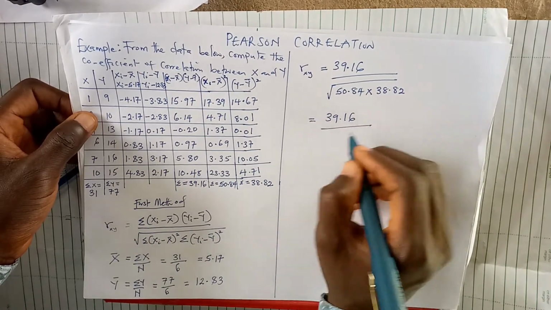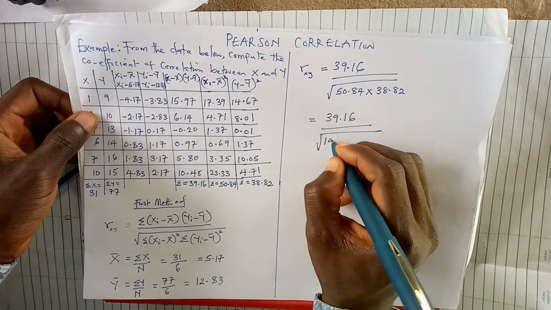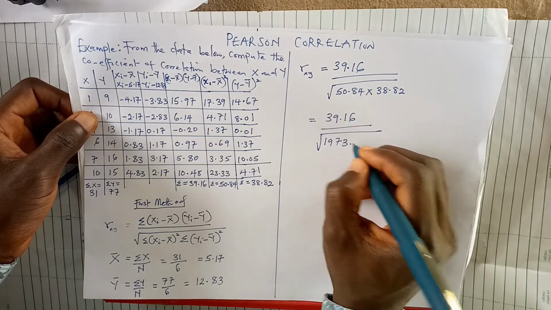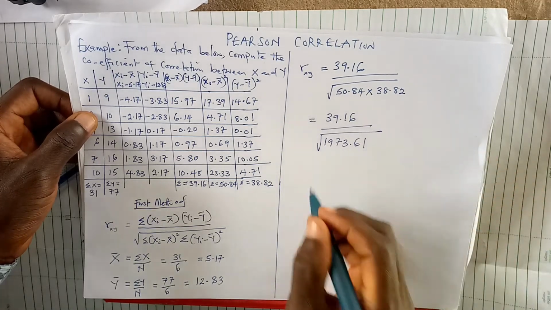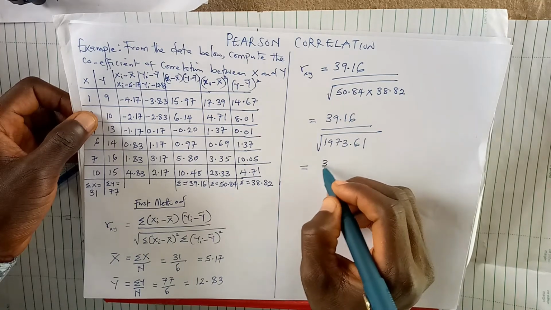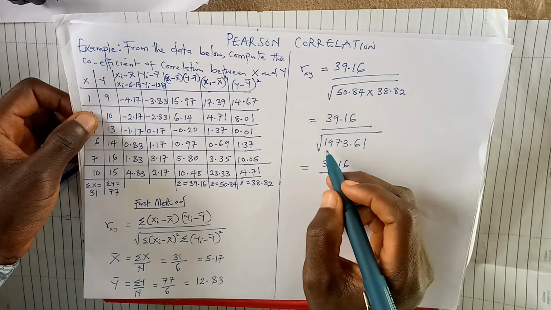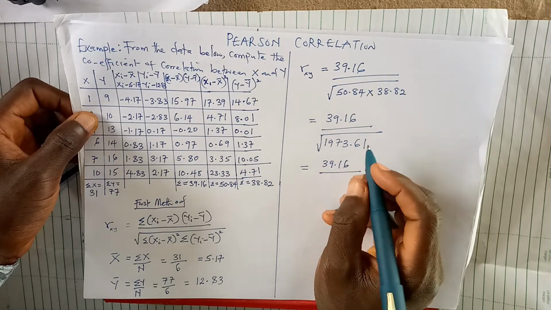Therefore, this is going to give us 39.16 divided by the square root of, multiplying this by this, we're going to have 1973.61. So the next step, we have 39.16 divided by the square root of 1973.61.